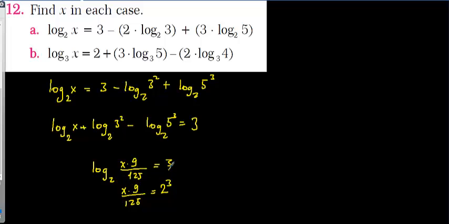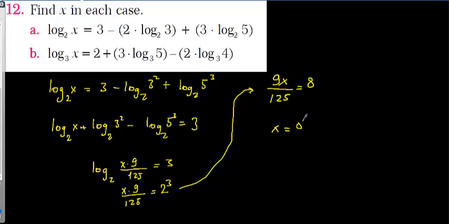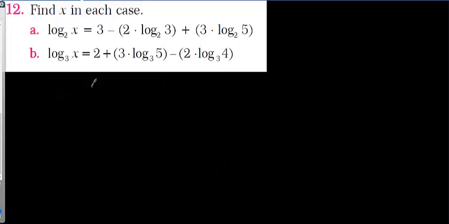What I did here, I sent this term to this side. The logarithm part we finished: 9x over 125 is equal to 8, and x is equal to 8 times 125 over 9, which is 1000 over 9.